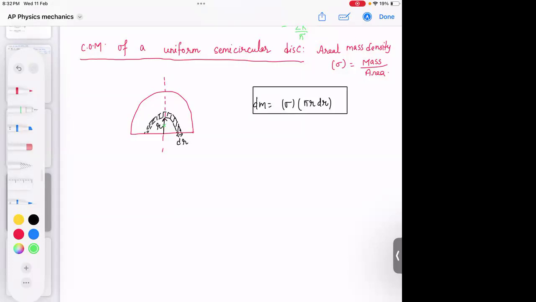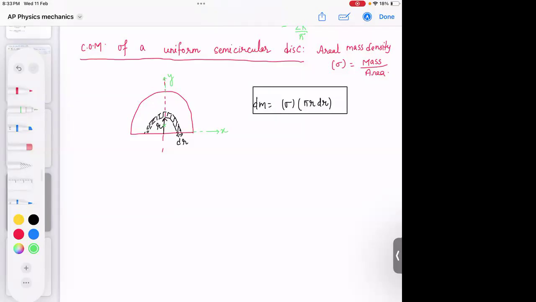Can I say the center of mass will come only in which direction, x or only y? Only y will come, because the x coordinate of the center of mass of the element is 0. So when you integrate, it will still be 0. So only in the y direction you need to calculate it.